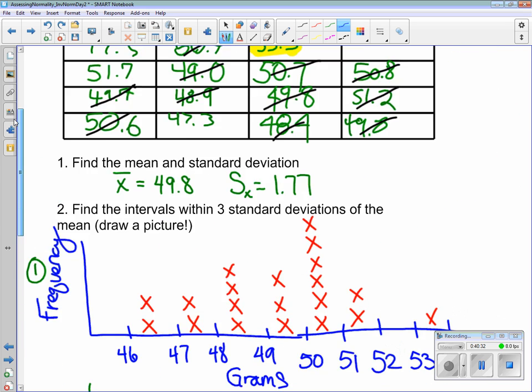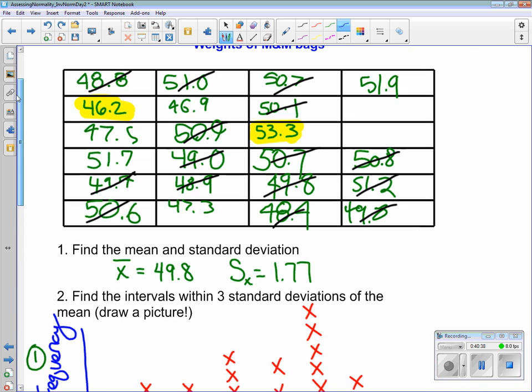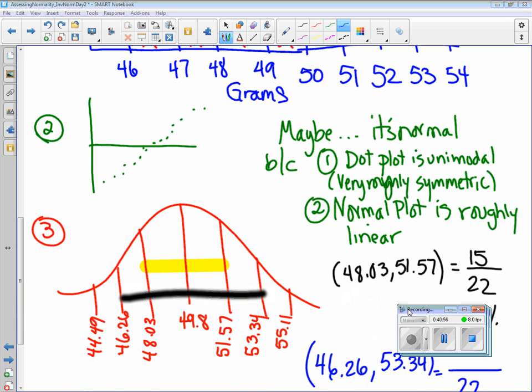Out of ones I haven't crossed off, what was the highest point? 50. Oh, that's all of them, isn't it? Hang on. Anything lower than 46.26? Yes, this one's lower, right? So I have 15, 16, 17, 18. Is that one included, right? 19, 20. Oh, 21. All right, so I have 21 out of 22.